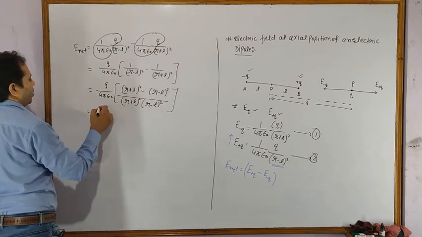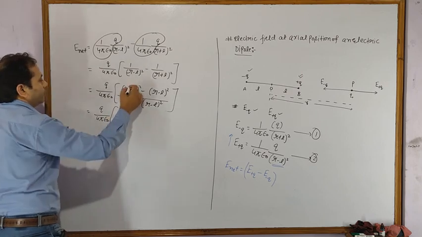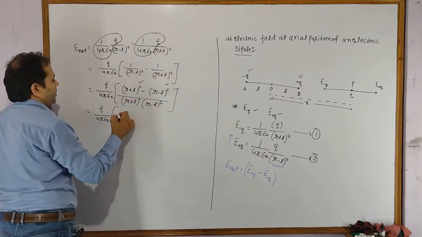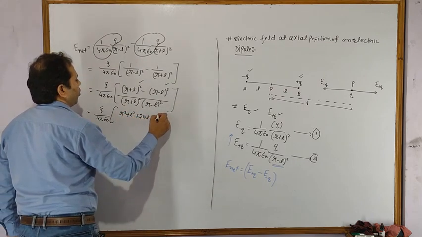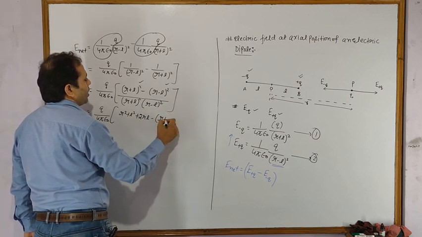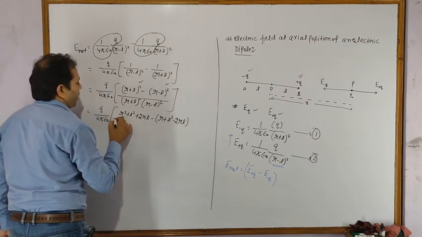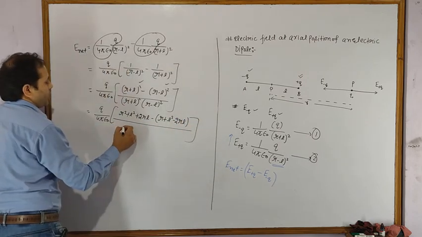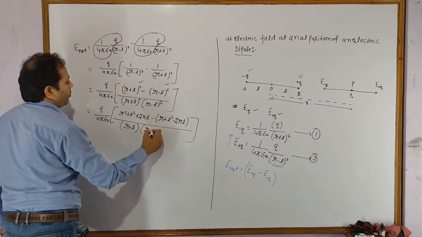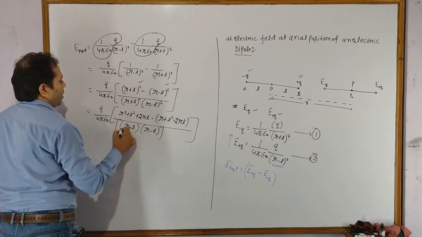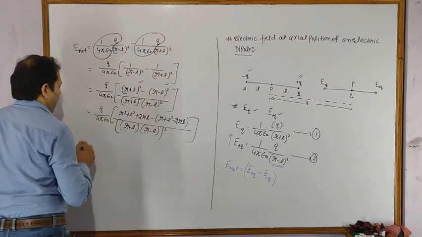Expand these quantities, R square plus L square plus 2RL, using the formula A square plus B square plus 2AB, and minus 2AB. Operate the minus sign inside the bracket and write the denominator as R plus L and R minus L whole square.